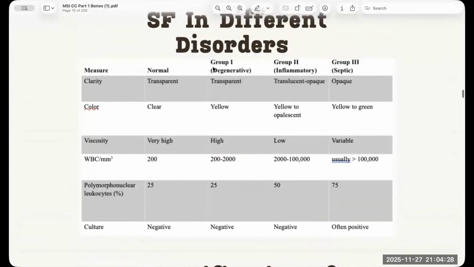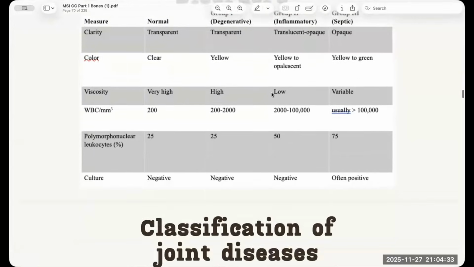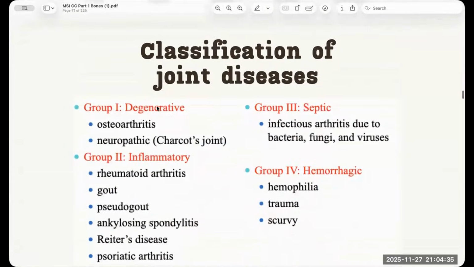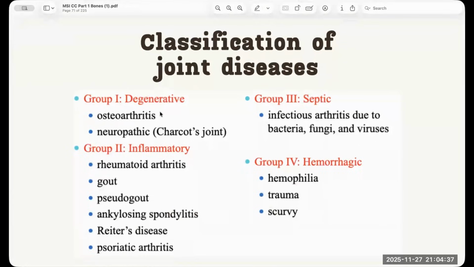This is classified depending on the groups or classifications of joint diseases, and those classifications are what we're going to be discussing in the next pathology lectures. Group 1 is degenerative: osteoarthritis and neuropathic Charcot joint.